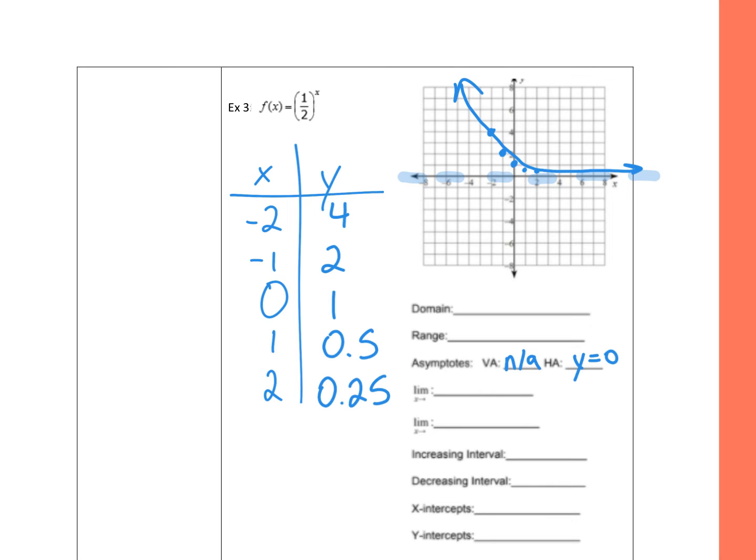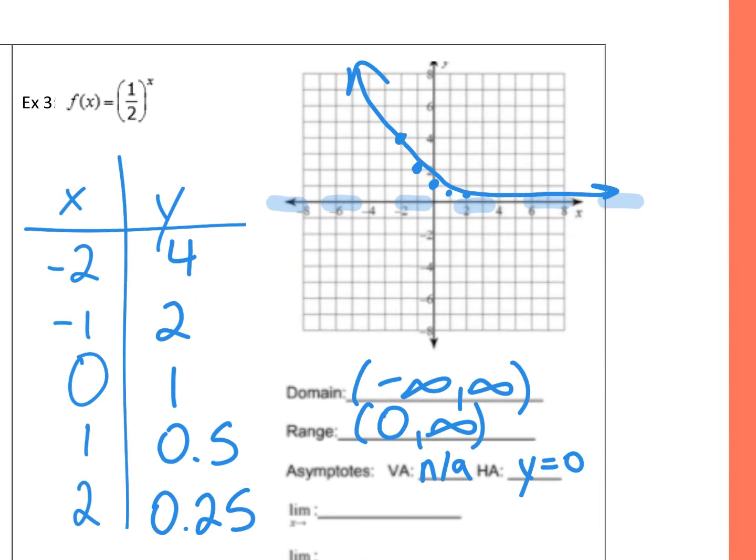Okay, raise your hand if you got something like that. Cool. Domain. Range. So it's still going to be 0 to positive infinity, okay, because range is the y values.